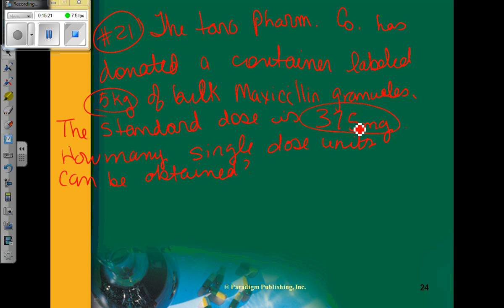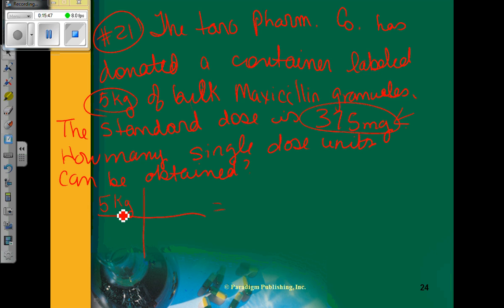So the thing to do would actually be to first convert your 5 kilograms over to milligrams, because that's what the standard dose is in. Okay, so in order to do that, I do the cross, which is an old-fashioned way of doing it.